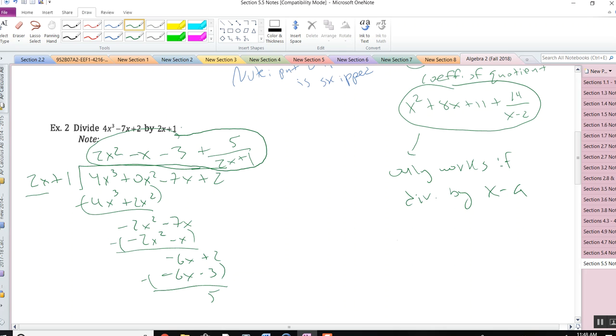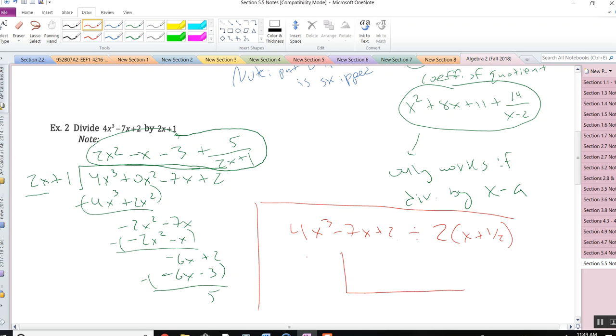If you wanted to use synthetic division, you probably could. What you would have to do is actually pull a 2 out of here and make it x plus half. And don't forget that you actually pull the 2 out. Put negative half, because that's what makes this 0. 4, 0, negative 7, 2. Remember, we skipped over the x squared term. Bring the 4 down, multiply that by negative half. That's going to be negative 2.